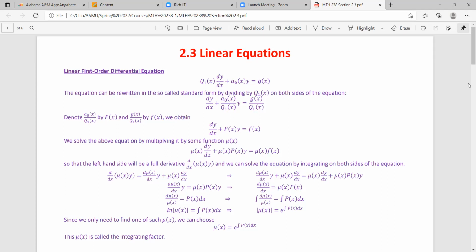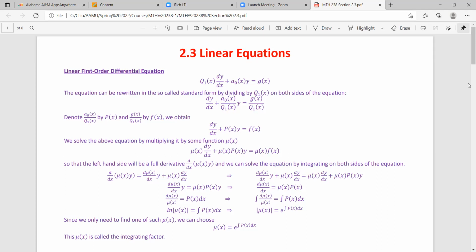So now, to rewrite that left-hand side as a full derivative, we try to multiply by some function mu so that we can make a connection between the left-hand side of the equation and the product rule. Then we can compare those two terms with the product rule.